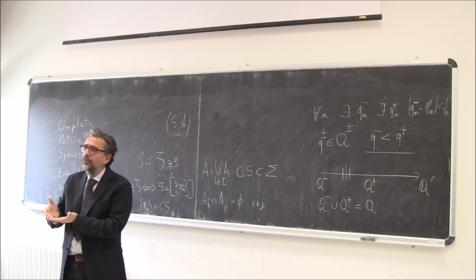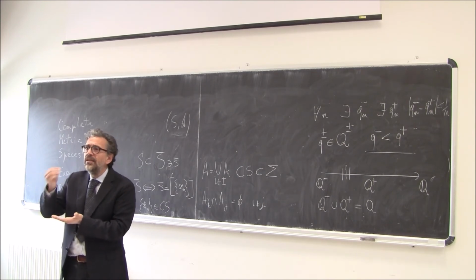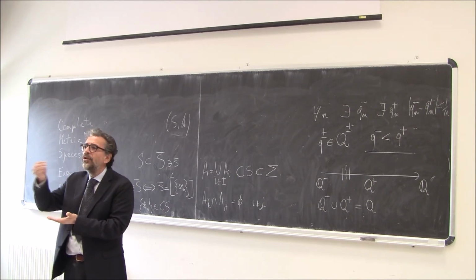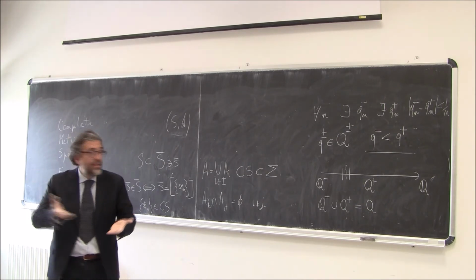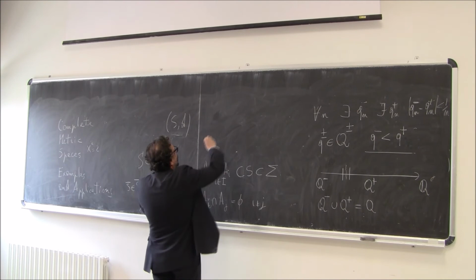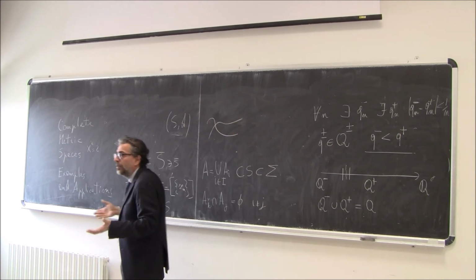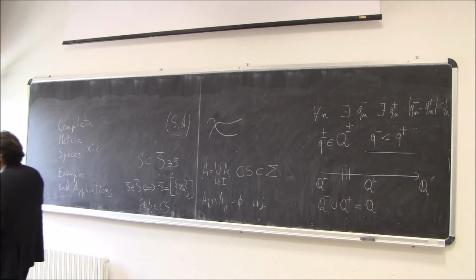And I don't know what it means that a function in C0 is smaller than another function of C0. It means something sometimes, but if you have this function and this other function, you have no order relation between them.